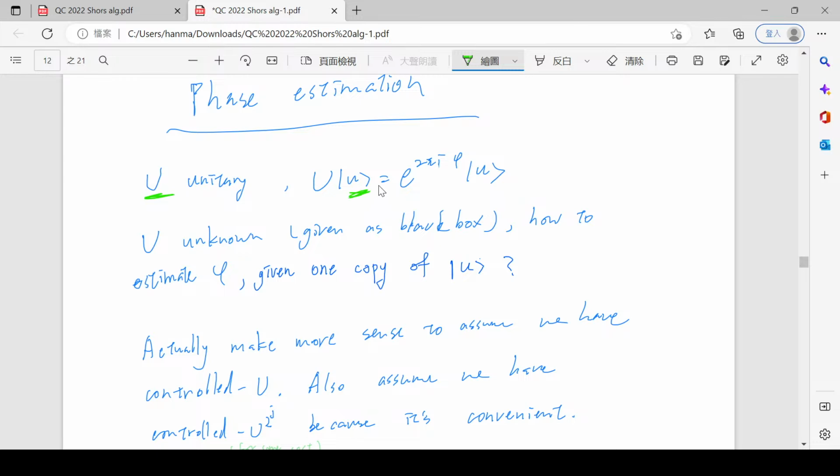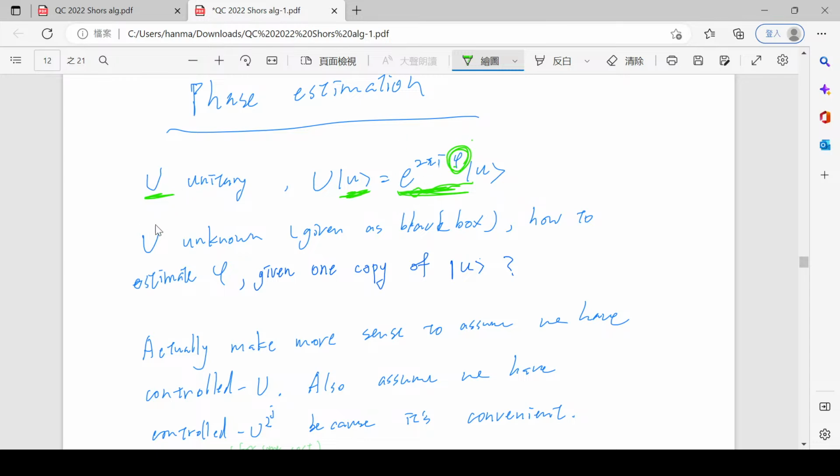So this U you can think of as maybe some black box or not black box quantum circuit, and you want to learn its eigenvalue. So we write down the eigenvalue equation here. |u> is the eigenvector of U, and because U is unitary, its eigenvalue is going to be in this phase form, right? So it's going to be some phase e^{2πiφ}. And to learn this, we are basically learning φ, right? This is the only variable, because everything else is a mathematical constant.